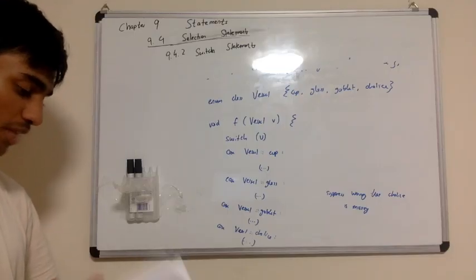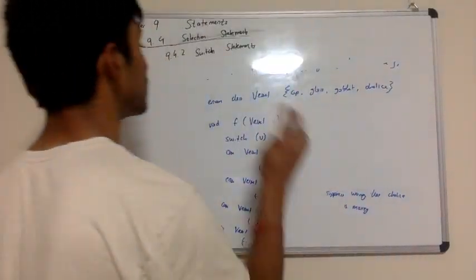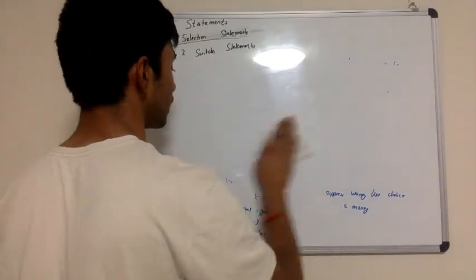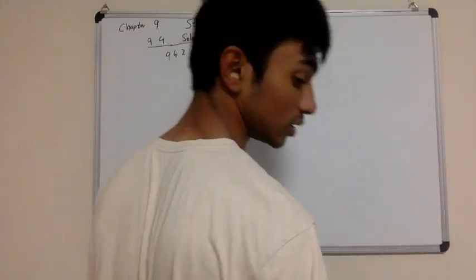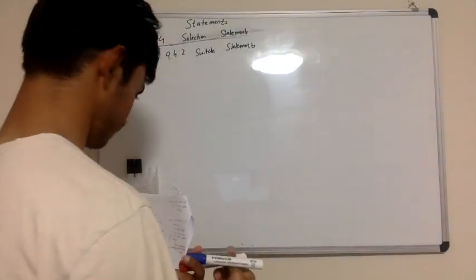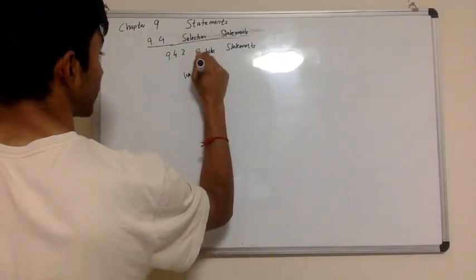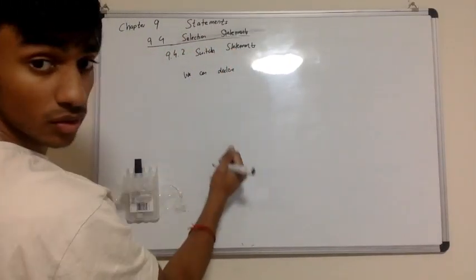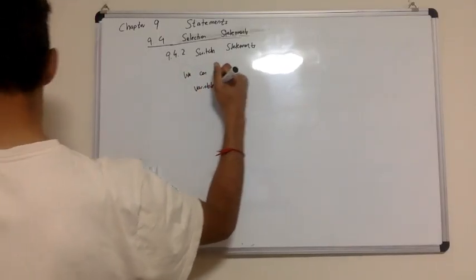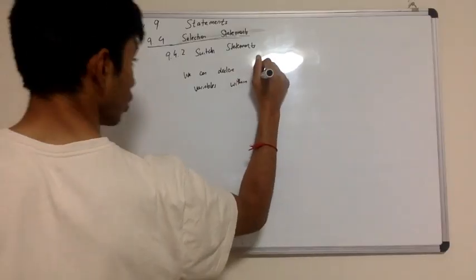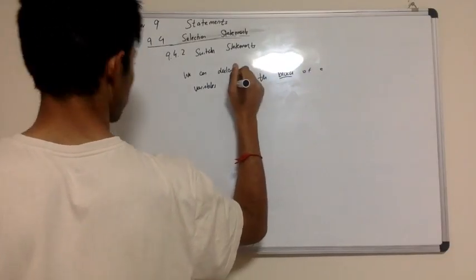Okay, so there's one extra rule that's actually tripped me up a couple times when I've just been practicing stuff when it comes to switch cases, and that is regarding declarations within your cases. So we can declare variables within the block of a switch statement.